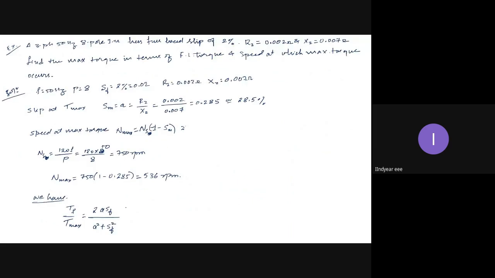So I have the value of a, I have the value of Sf. The full load slip is 2%.